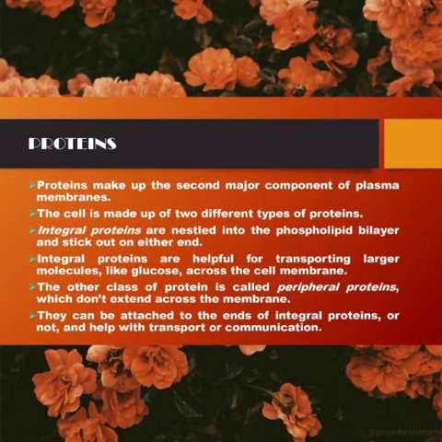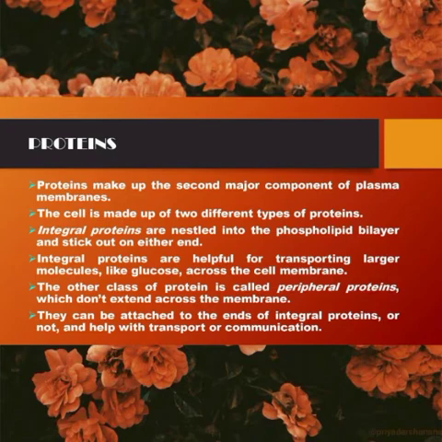Integral proteins are helpful for transporting larger molecules like glucose across the cell membrane. These proteins form channels and pores that allow the movement of large or polar molecules across the hydrophobic segment of the membrane.